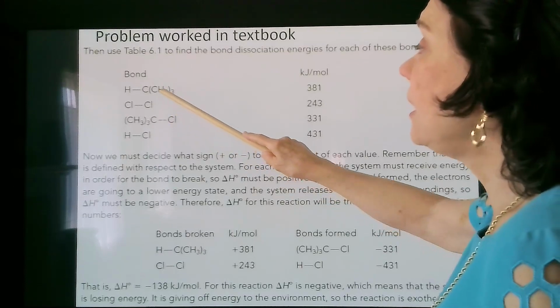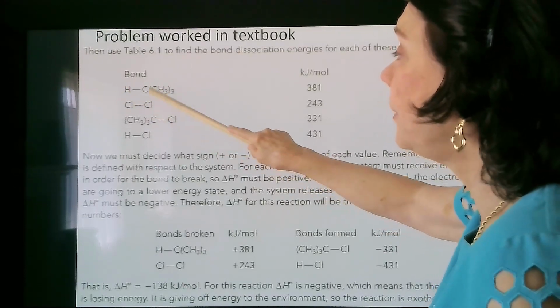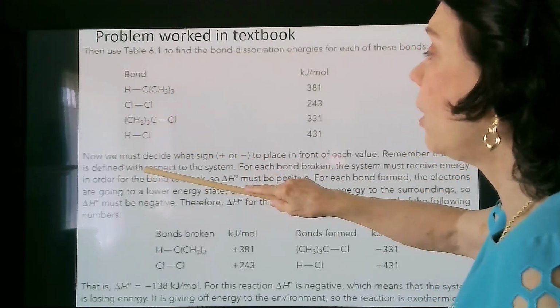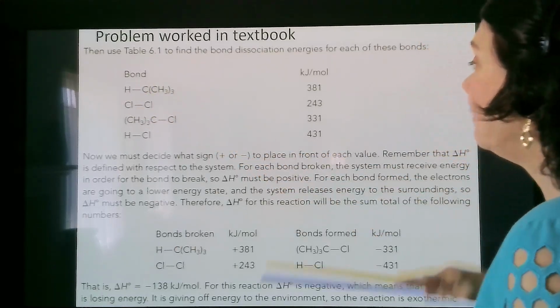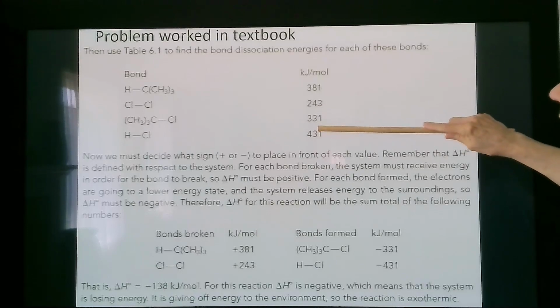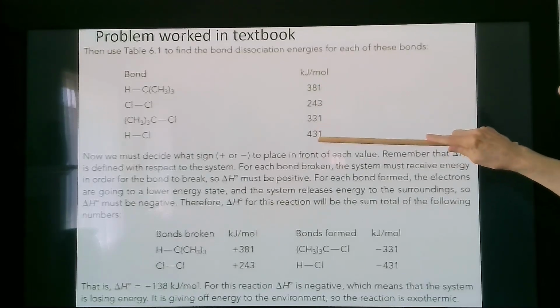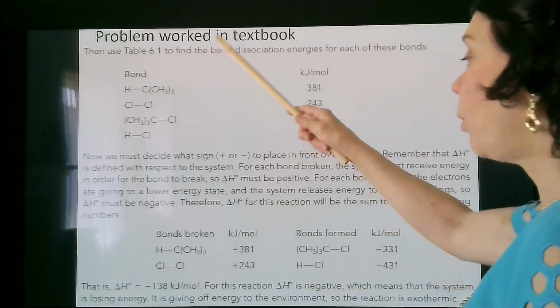And so what you can see is that these two up here are the reactants, the two below were the products. And so the CH bond is being replaced by a carbon-chlorine bond. And here are the energies as they are looked up from table 6.1.